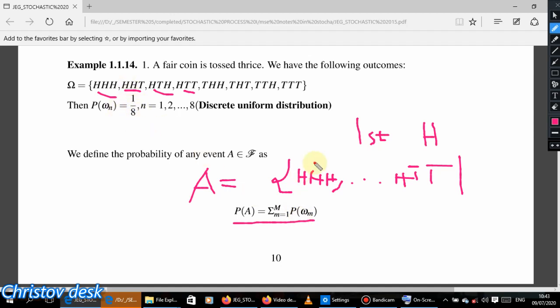So I sum them up: the weight of that plus the weight of that plus the weight of that plus the weight of that. So I have 1/8 plus 1/8 plus 1/8. That would be my probability for the event, not the sample point. So take note.